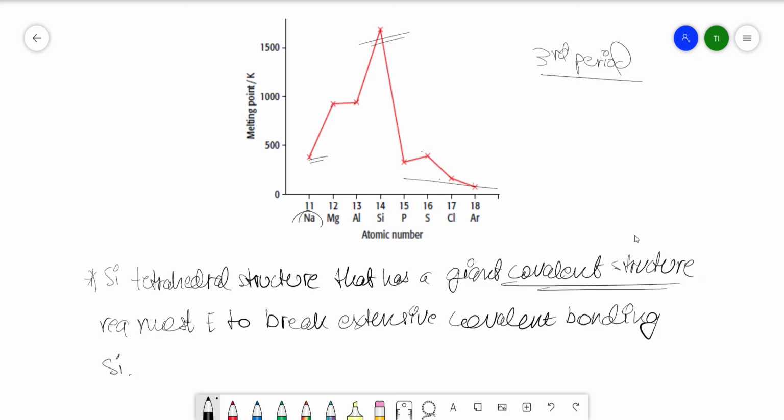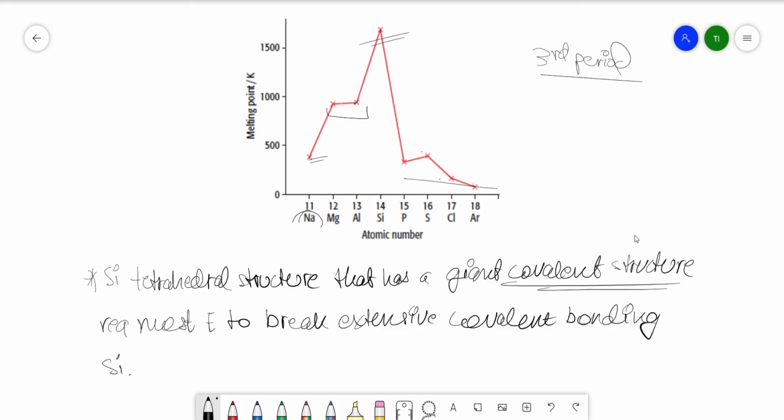Because the bonding is so extensive, you have to weaken or break a lot of them, and that's why the net energy required is much higher than that of metals and also that of non-metals, right?